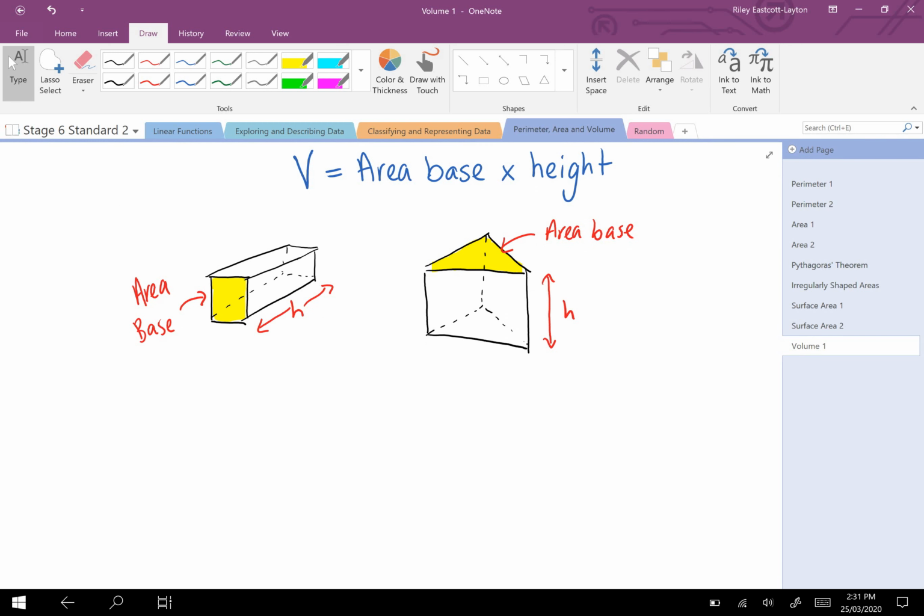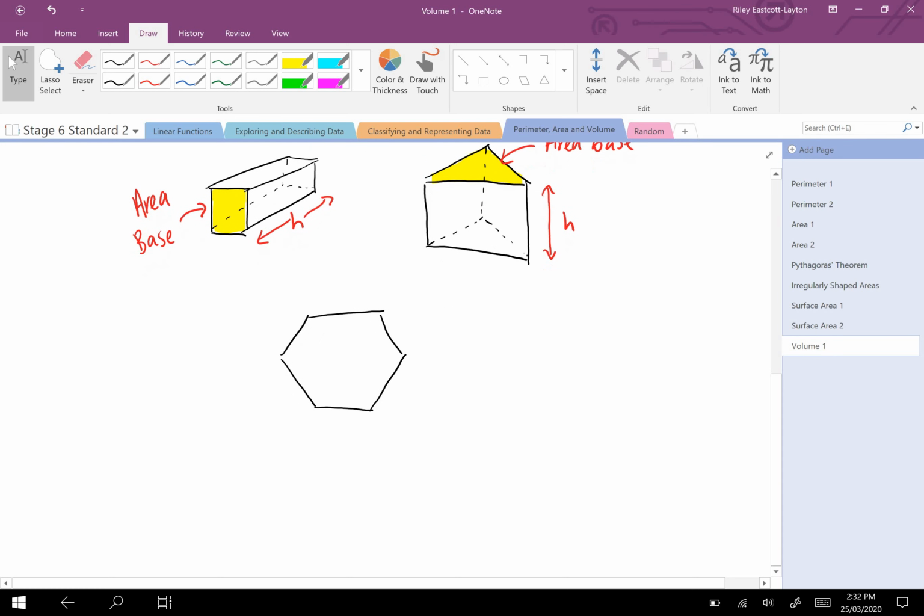I'll do one more example for you. So let's say we had this. This is going to test me out here. So here we've got a hexagonal prism, so it gets its name from the hexagon shape for its base.